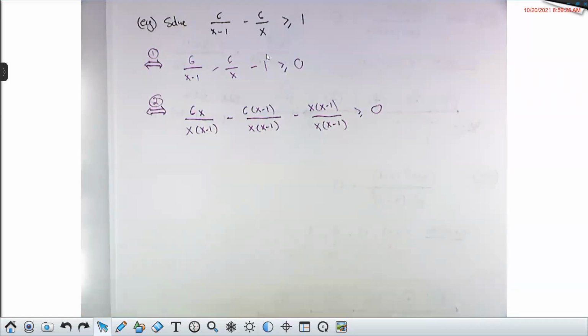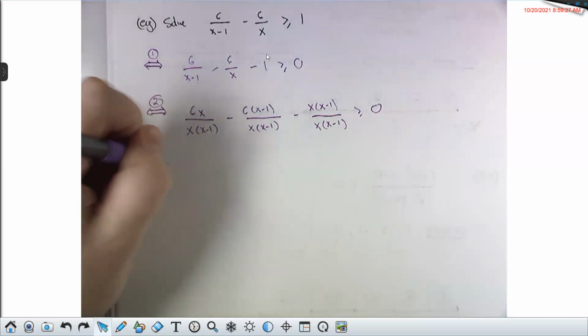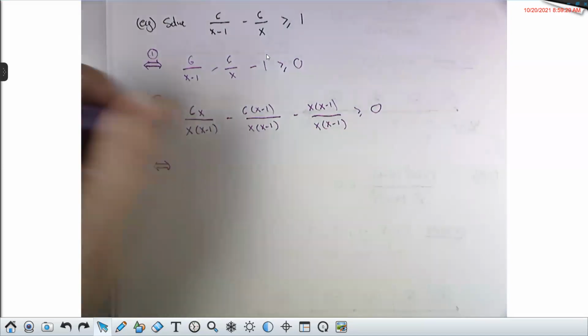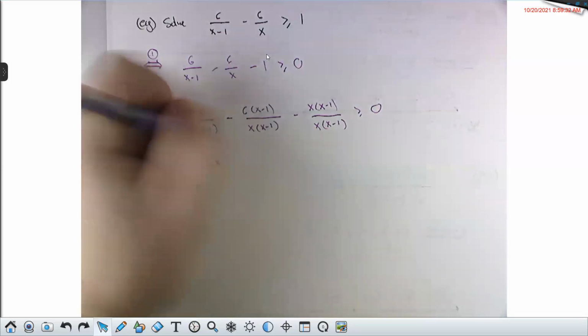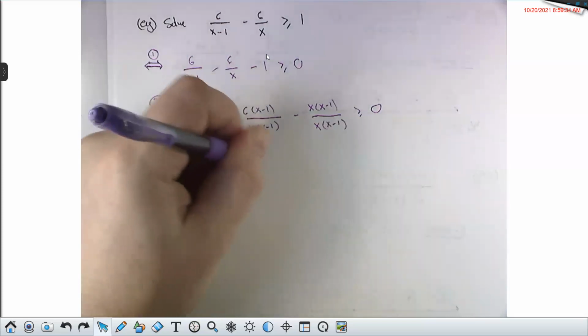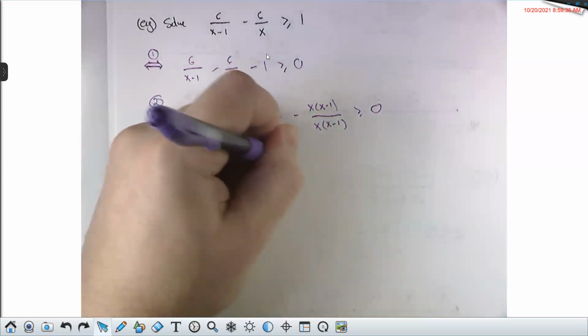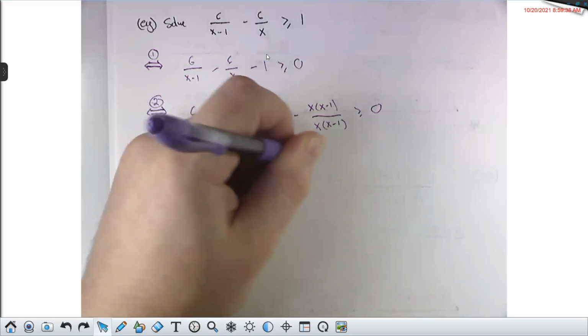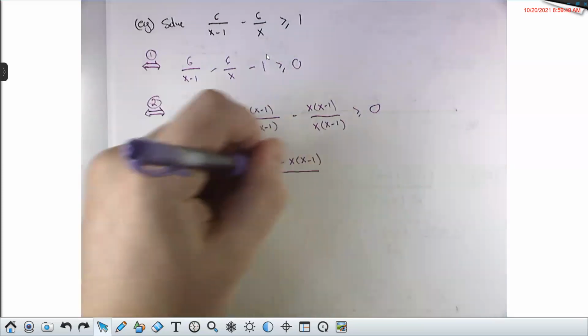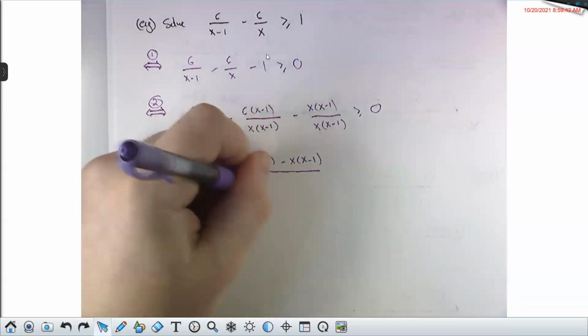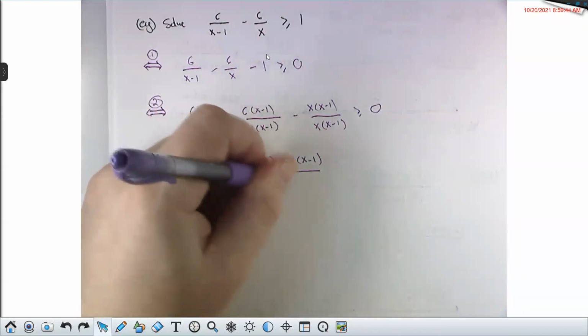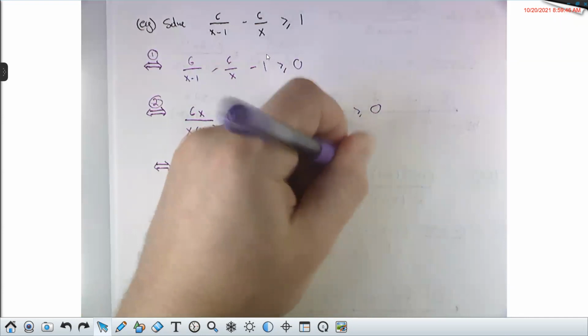Now I can write this as a single fraction. 6x minus 6 times x minus 1 minus x times x minus 1, all over x times x minus 1, is greater than or equal to 0.